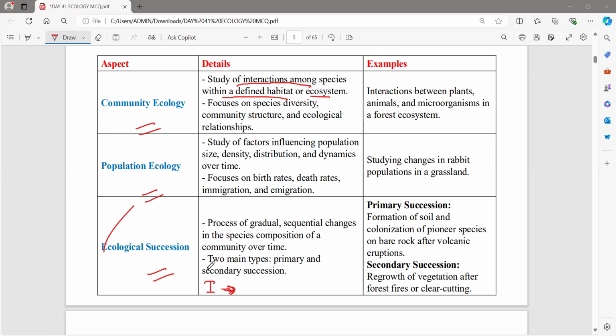You should know that individuals make up a population. That will be a community. That will be the ecosystem. That will be the biosphere. So this is a hierarchy you should know.